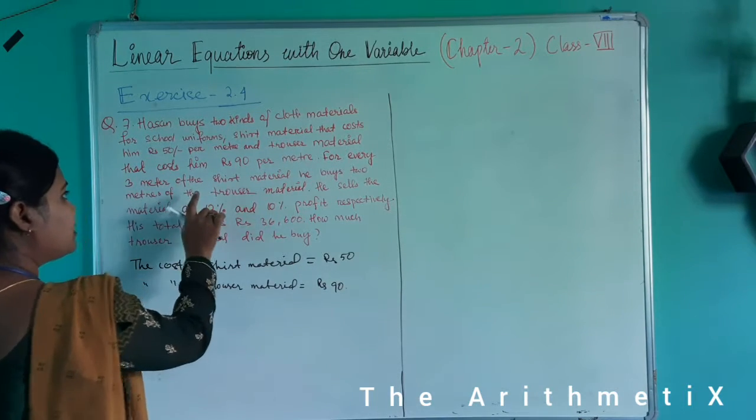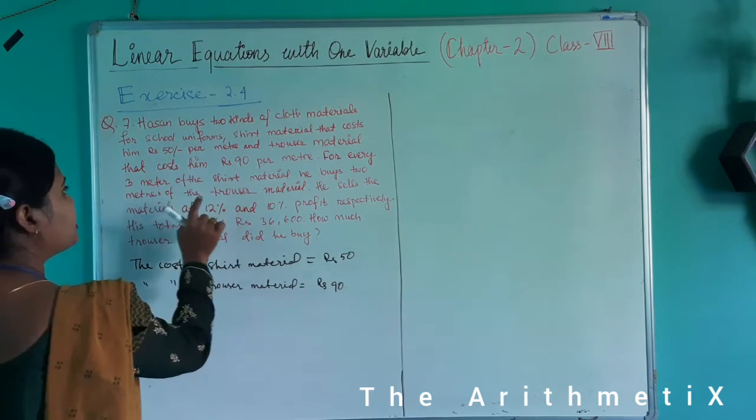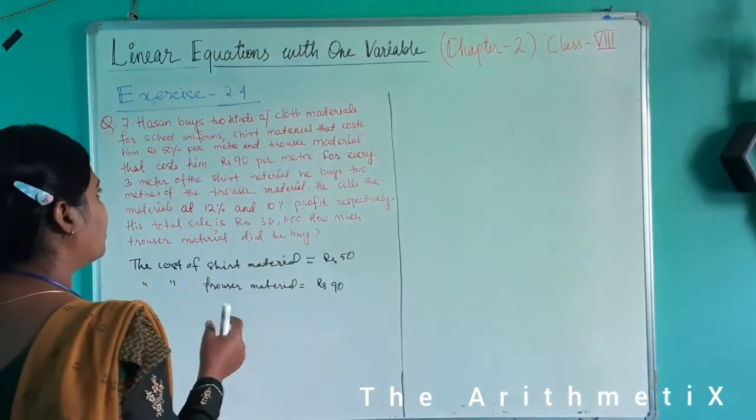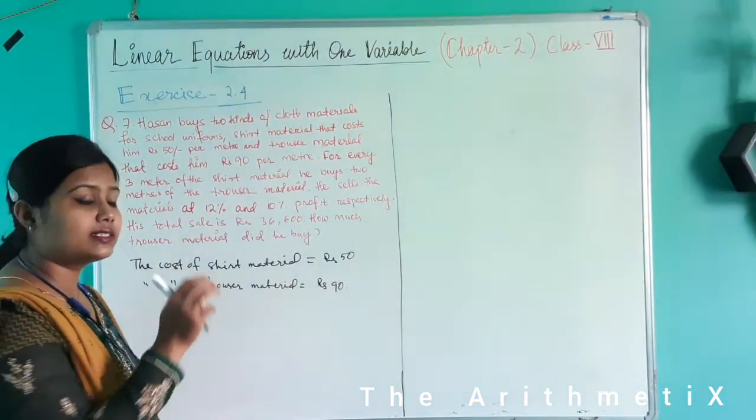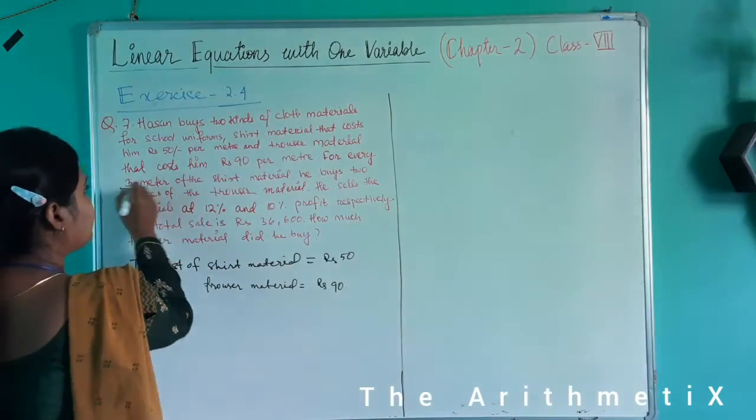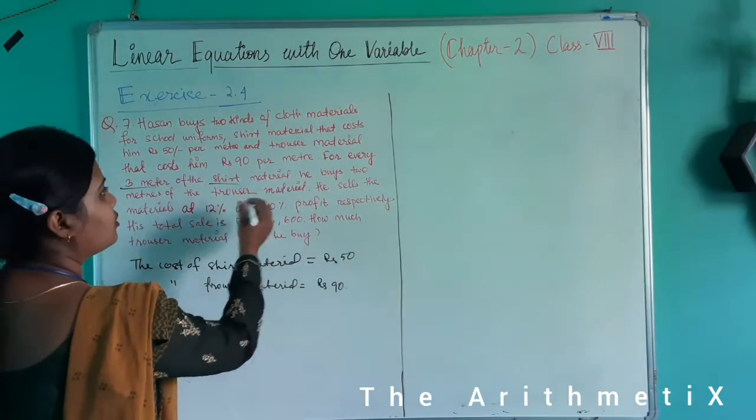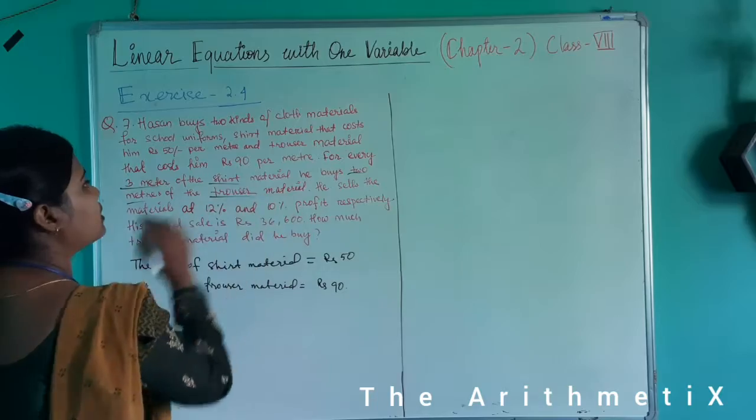For every 3 meter of the shirt material, he buys 2 meter of the trouser material. Where he is required to buy 3 meter of shirt, he is also required to buy 2 meter of trouser.